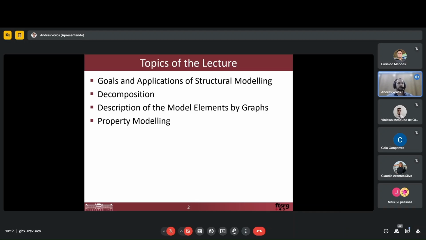We will talk a little bit about decomposition, and we will also use graphs and see how graphs can be used to describe structural properties. We will also talk a little bit about property modeling.